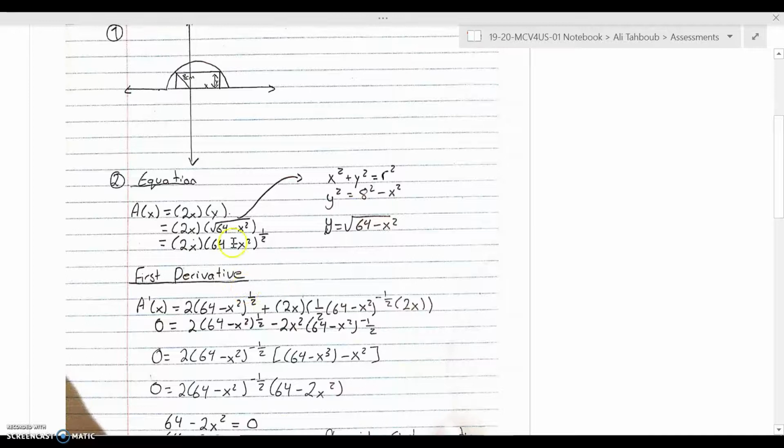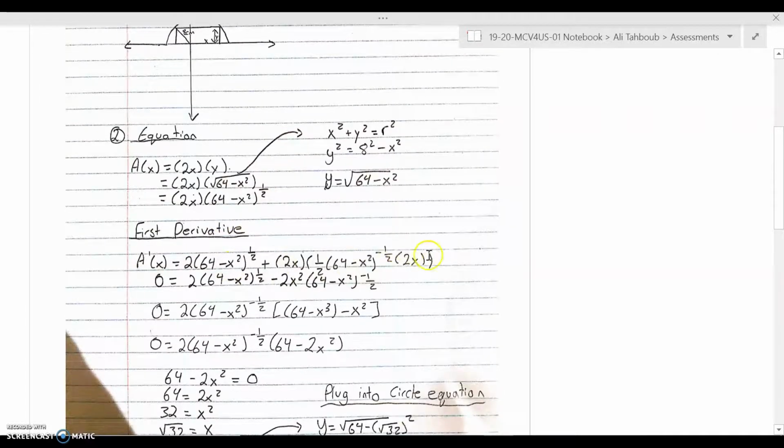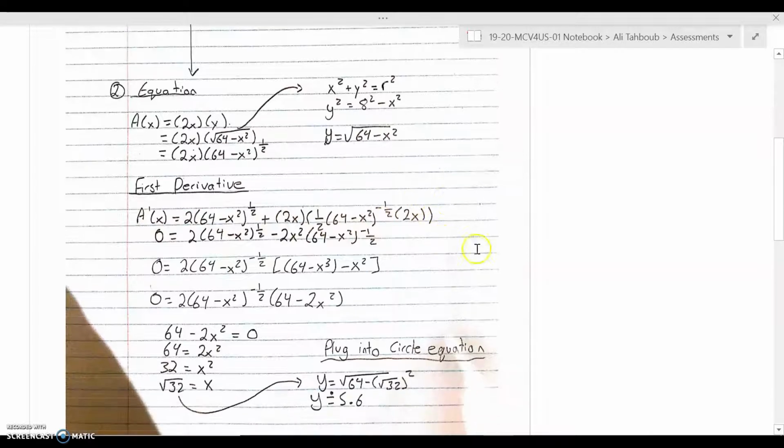After that, we needed to find the first derivative. To find it, I simply used the product rule, and I ended up with this line over here. Then after we find the first derivative, we want to find its roots. The reason is that the roots of the first derivative represent either the maximum or the minimum on the original function.